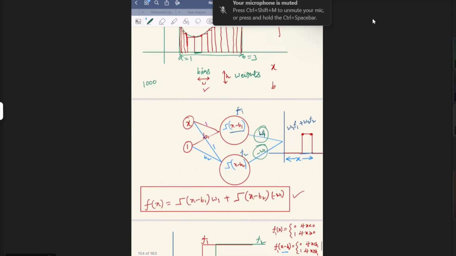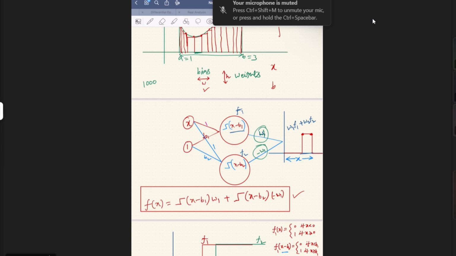These are the controls. The biases represent the rectangles and the widths, and the weights are the controls of the heights.